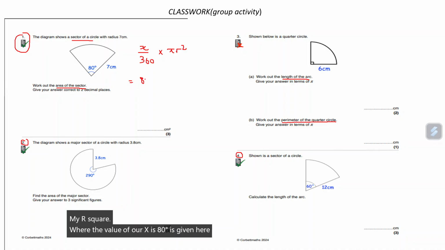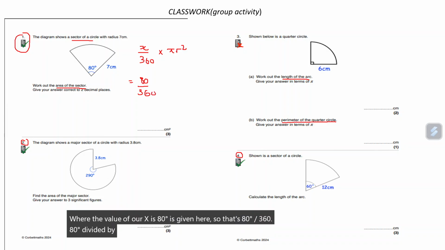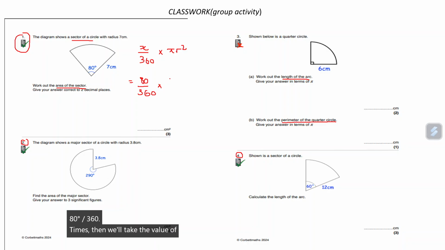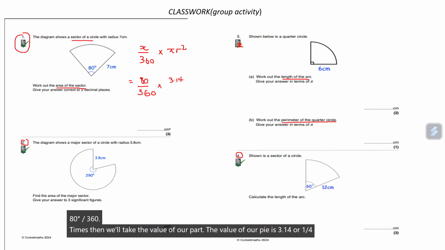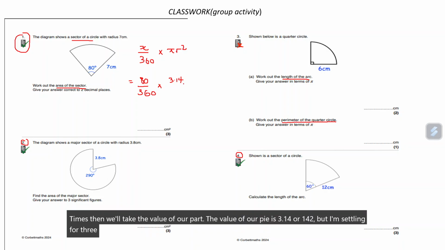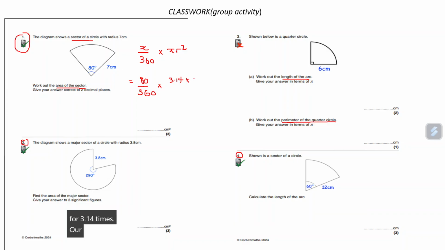So that's 80 degrees divided by 360 times pi. Then we'll take the value of our pi, which is 3.14 or 22 over 7, but I'm settling for 3.14 times our radius, 7 squared.